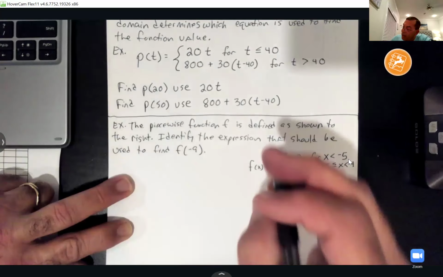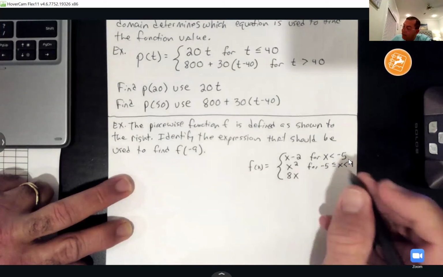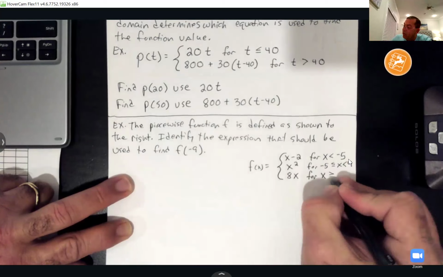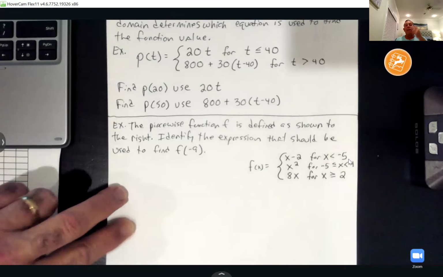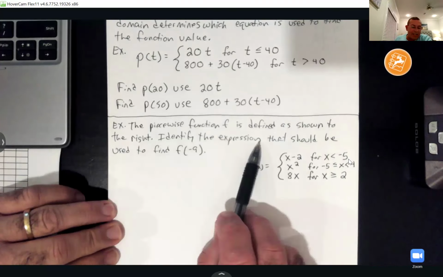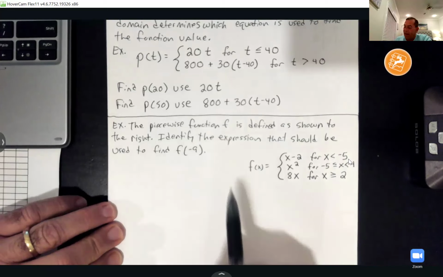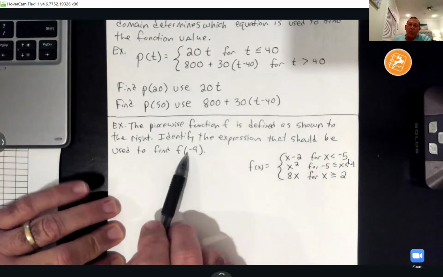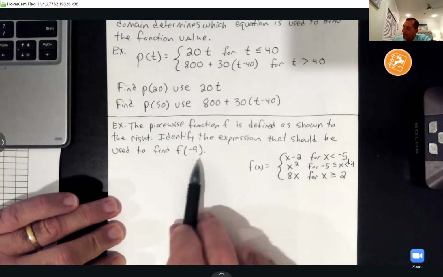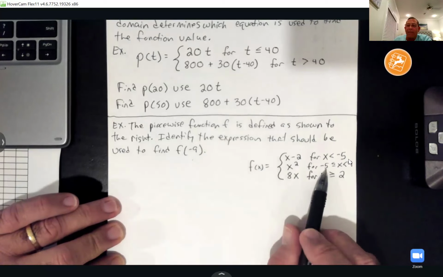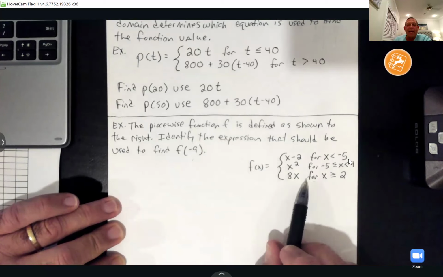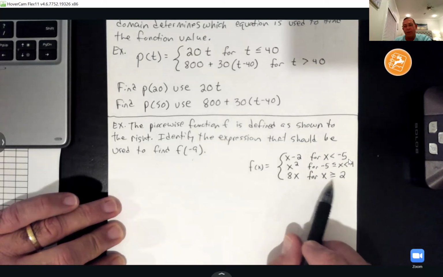And then it equals 8 times x for any x greater than or equal to 2. So they want me to identify the expression that should be used to find f of -9. So what we got to do, we got to figure out, is -9 less than -5? Is -9 equal to -5 and less than 4? Or is -9 greater or equal to 2?